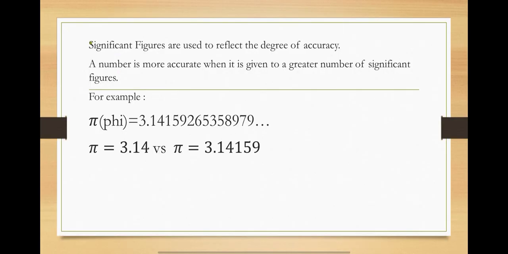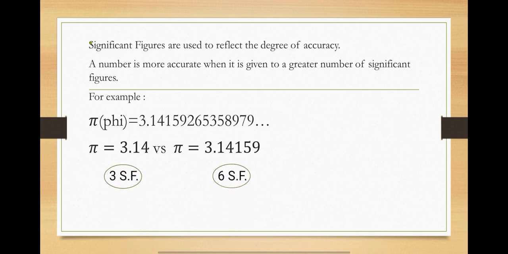Now we can choose to state pi as 3.14, which people usually do. We can choose to write it as 3.141, or 3.1415, or 3.14159, or even 3.141592. It's up to you where you want to end it, right? But the difference here is the significant figures.